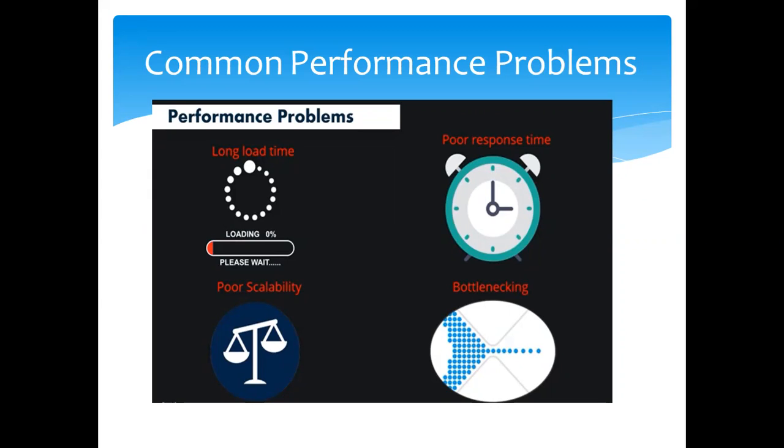Okay, so generally the performance problems are long load time, poor response time, poor scalability, and another major performance problem is bottlenecking. Bottlenecking is one major obstruction we face, which degrades the overall application and system performance. These bottlenecks generally occur due to coding errors or hardware errors.